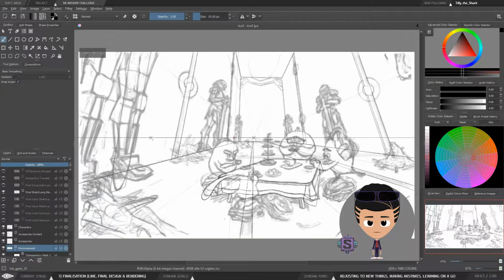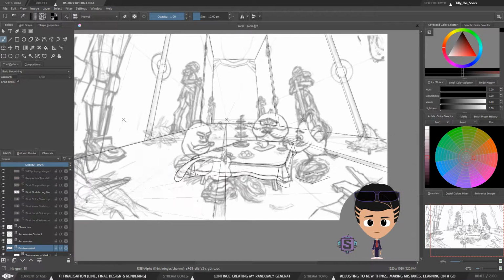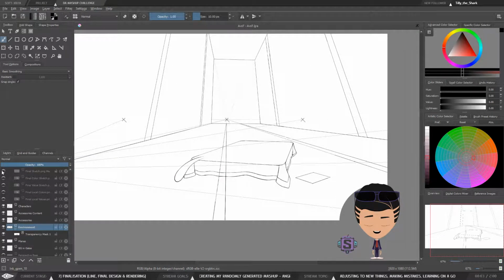So yeah, let's just continue. Today's session is going to be a 2-hour session, and we will continue to work on our final line art.